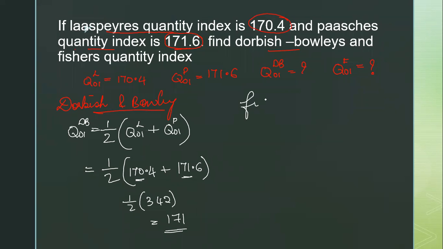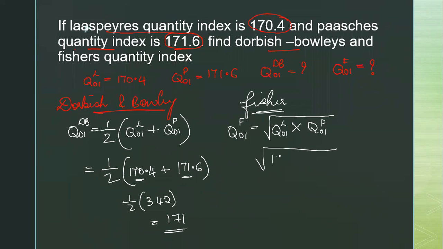Similarly, find for Fisher, the Fisher quantity index number. What is the formula? Quantity of the base and the current year under Fisher is equal to the square root of quantity under Laspeyres into quantity under Paasche. Take the square root of 170.4 into 171.6.